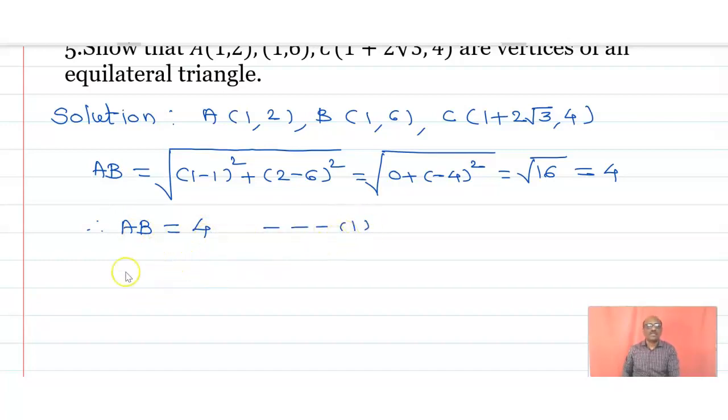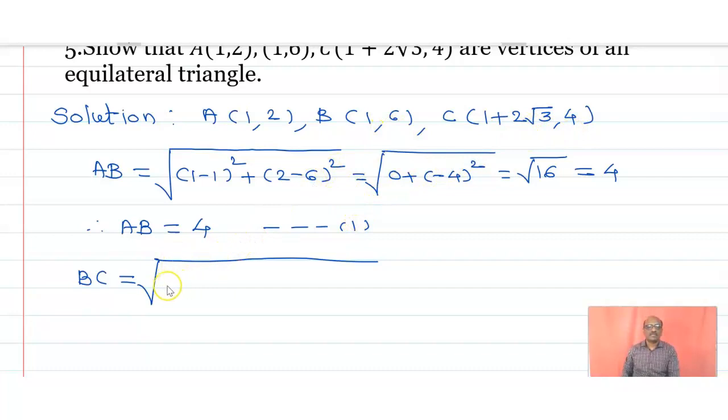Next we will find out BC. BC is equal to square root of, this is again x1, y1, x2 and y2.